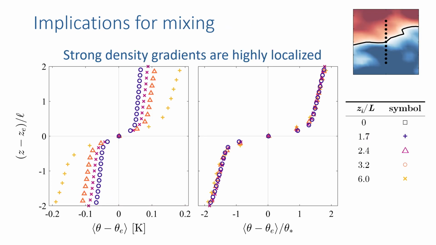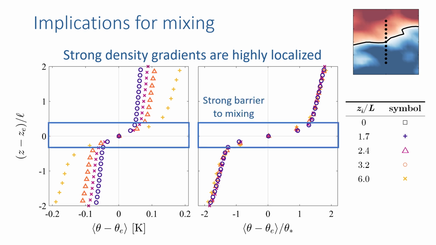Finally, I'd like to briefly discuss implications for mixing using conditional profiles relative to the edges of detected temperature zones, as illustrated in the upper right cartoon, where we have a cool temperature zone underneath a warmer one. As we've seen in a number of the previous slides, you have a temperature that's relatively uniform within the zones, and then a bulk of the difference is associated with these thin gradient layers.